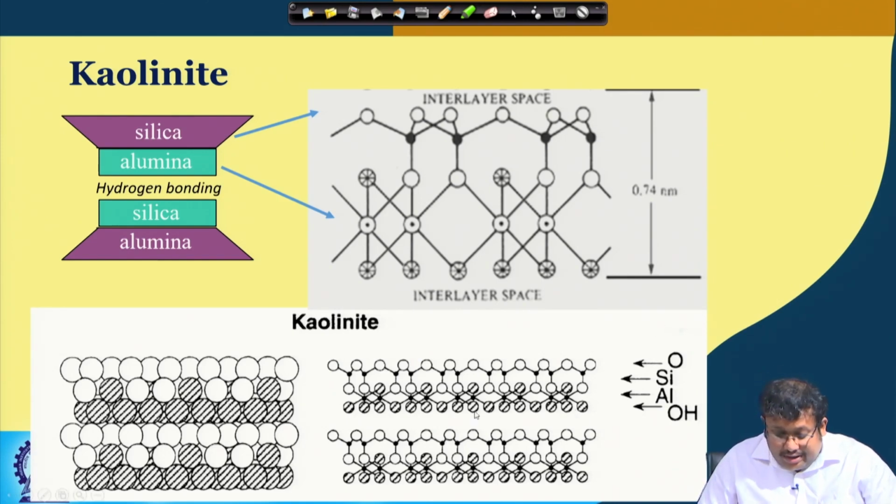So, you can see the hydroxyl ionic layer coexisting with the oxygen layer, and as a result of this difference in their electronegativity, there will be formation of hydrogen bonding. As a result of this hydrogen bonding, the interlayer space between kaolinite layers is very limited.